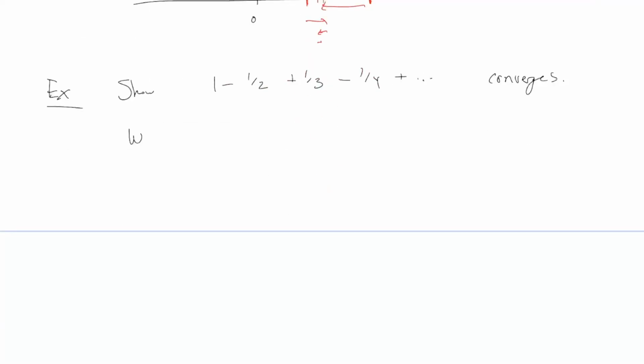So we need to show the two parts. They are the decreasing and the limit part, right? The first one is that the terms are decreasing, and the second one is that the limit of the terms equals 0.